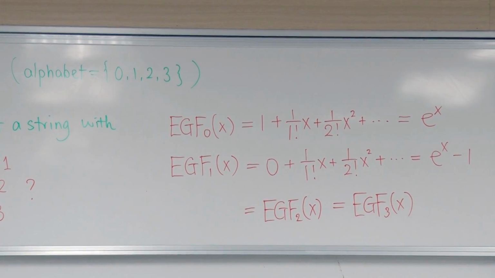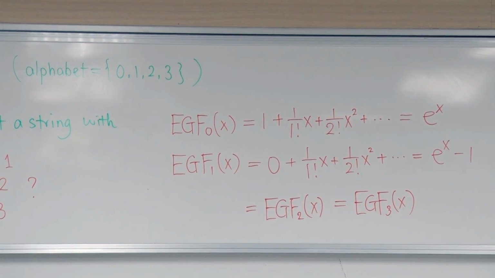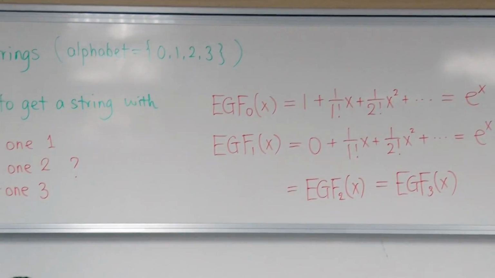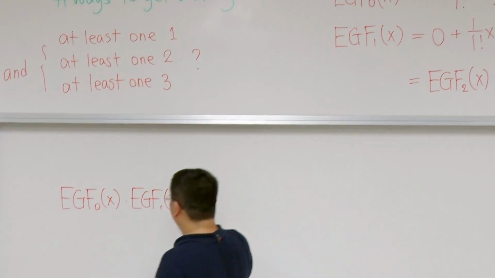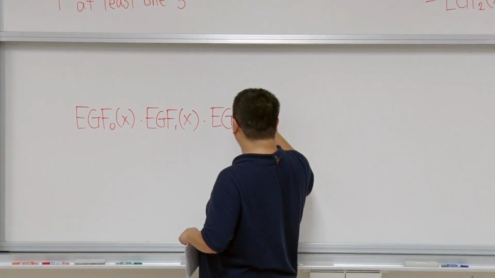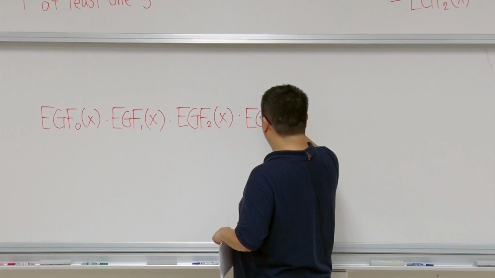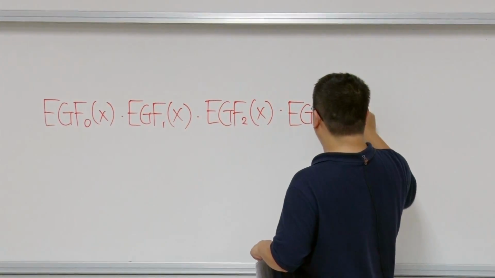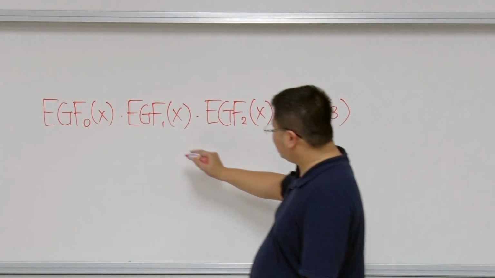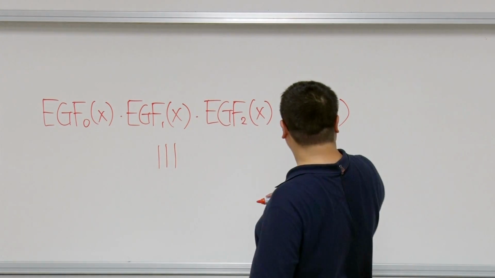If we multiply them together, we have the EGF for 0 times the EGF for 1, and then the EGF for 2, and then the EGF for 3.